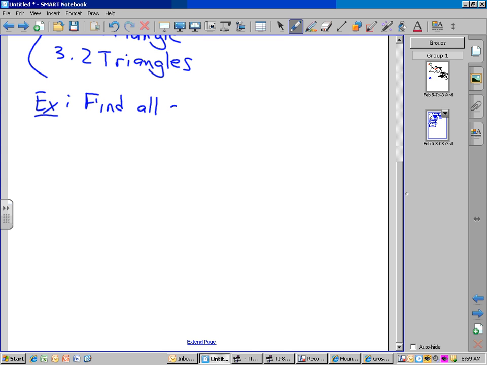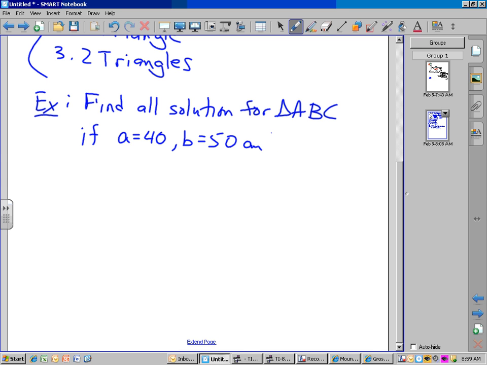Find all solutions for triangle ABC if a equals 40, b equals 50, and angle A is 51 degrees.